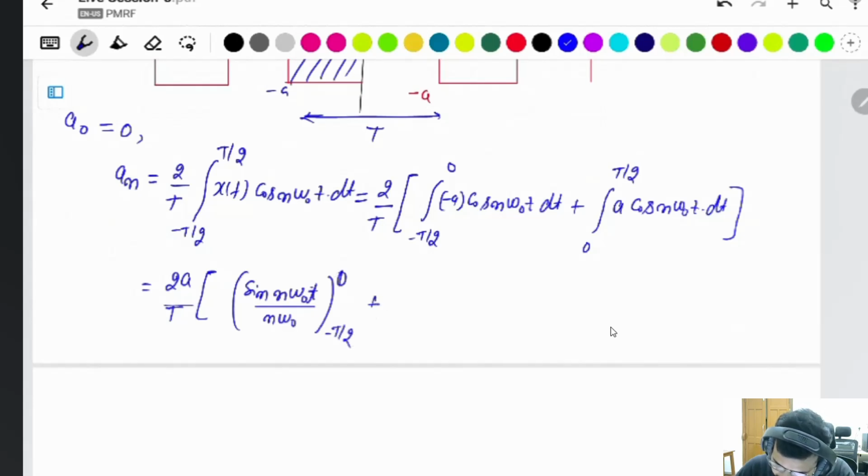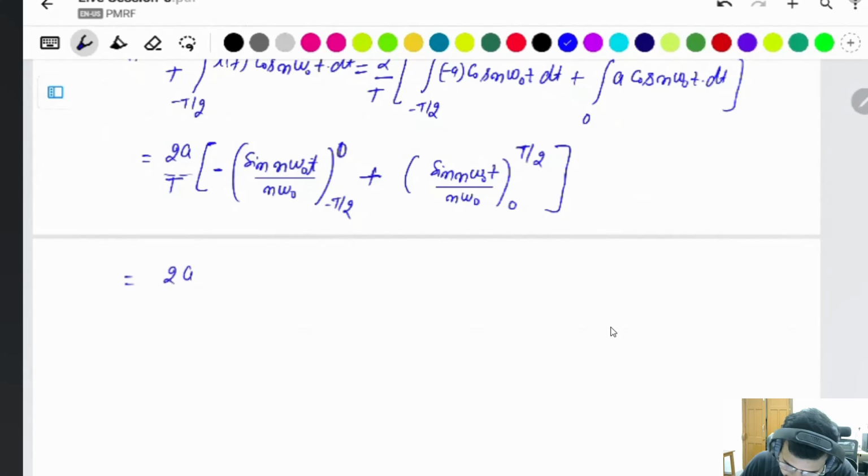Second part, this minus is there, that's why we have to take negative also here. Integration of cosine is the sine of the signal, sine of n omega naught t divided by n omega naught from 0 to t by 2.